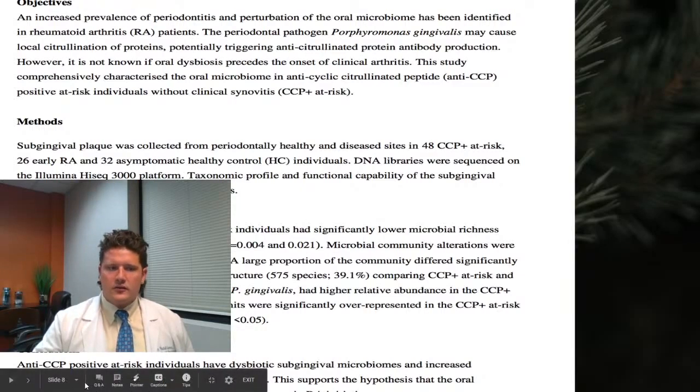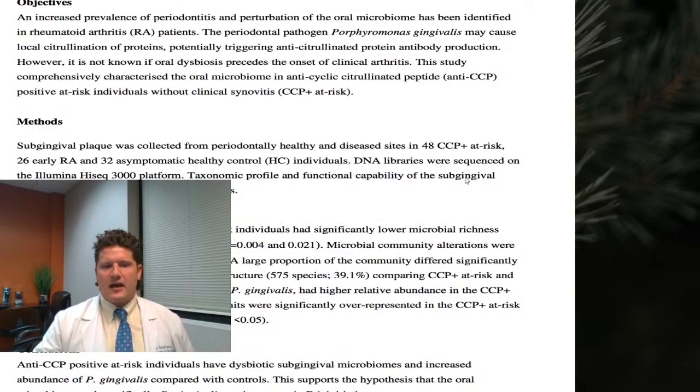And basically, the conclusion was that anti-CCP positive at-risk individuals have a dysbiotic subgingival microbiome and increased abundance of Porphyromonas gingivalis compared to controls. They're saying this supports the hypothesis that the oral microbiome, and specifically Porphyromonas gingivalis, are important in RA initiation.